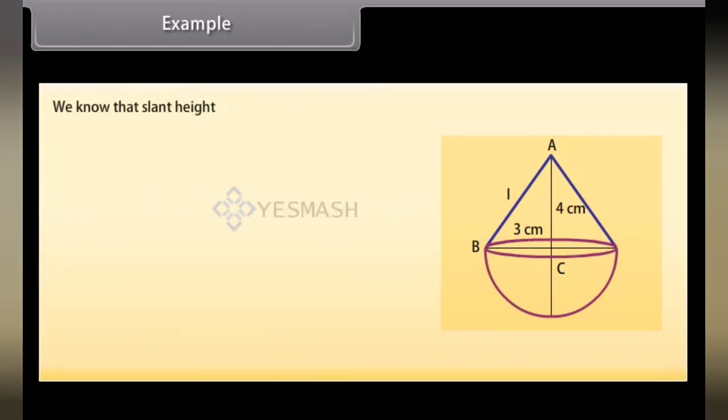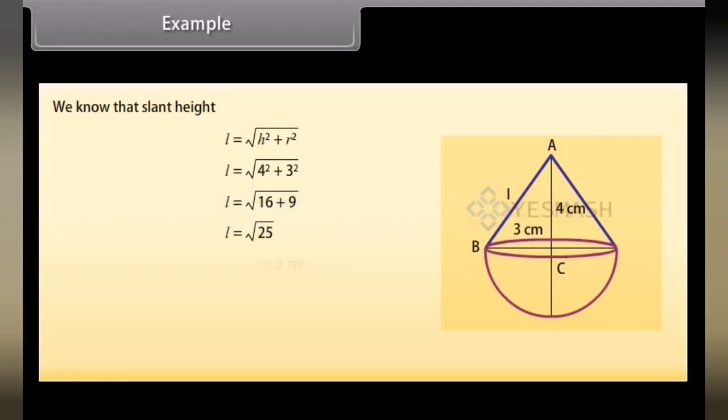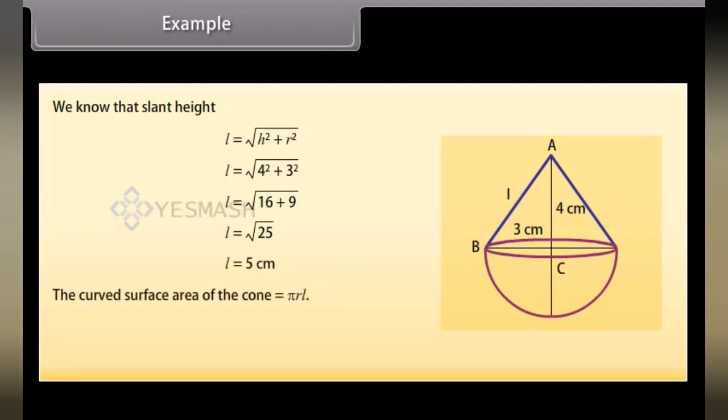We know that slant height l is equal to square root of h square plus r square, which equals square root of 4 square plus 3 square, equal to square root of 16 plus 9, equal to square root of 25, equals 5 cm. Now substituting the values of π, r and l, we get 3.14 into 3 into 5, which is equal to 47.1 cm².